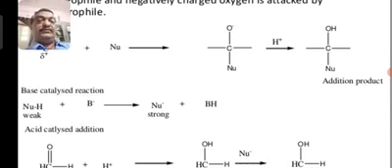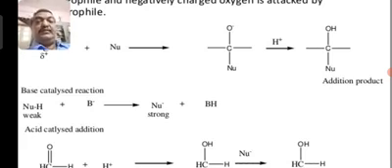For example, we use a base like NaOH, KOH, sodium carbonate, or barium carbonate, whatever it may be. These bases will take the proton to form BH, and a strong nucleophile will be generated. This nucleophile will go for nucleophilic addition to the carbonyl group. I will show that in the next slide.